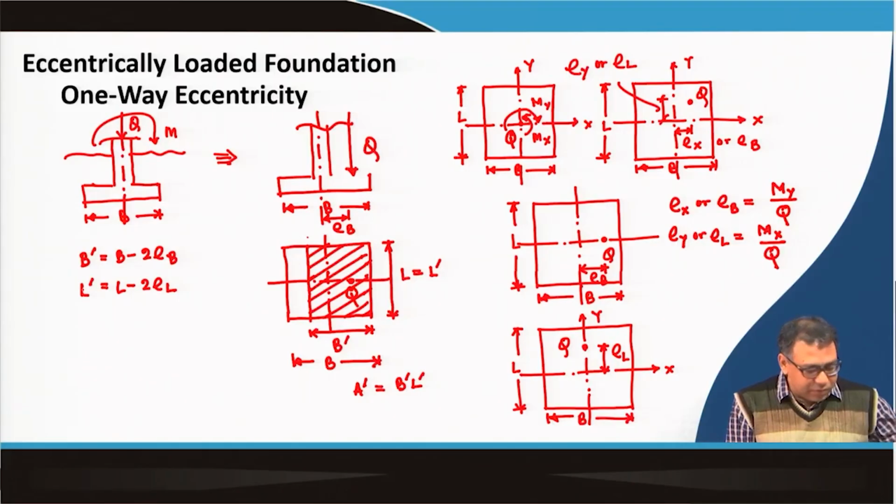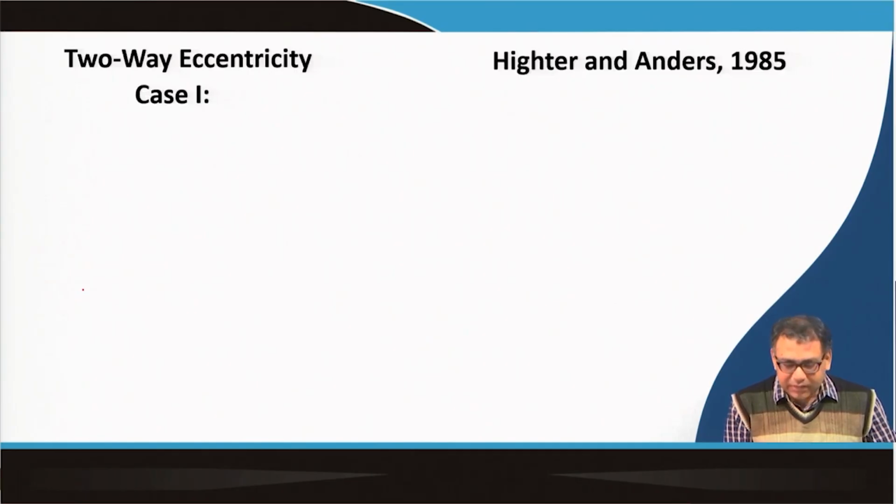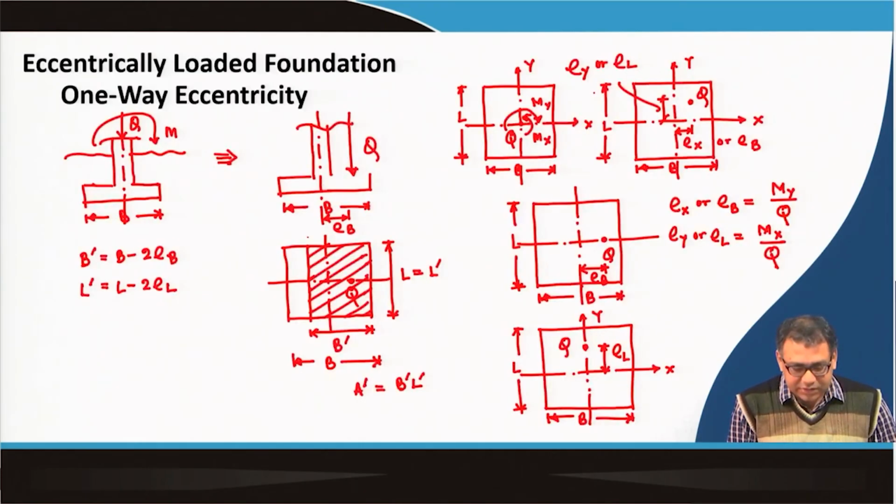Now, if I go to the two way eccentricity, how can I calculate the eccentricity value? That I will discuss here. In two way eccentricity, four cases are discussed, which were proposed by these two authors in 1985. If you go back to the previous expression, those are given.